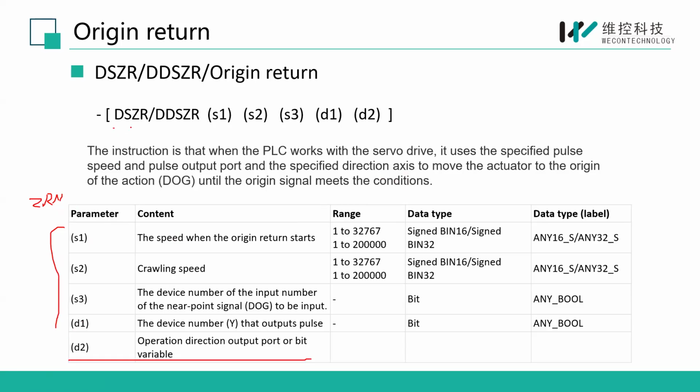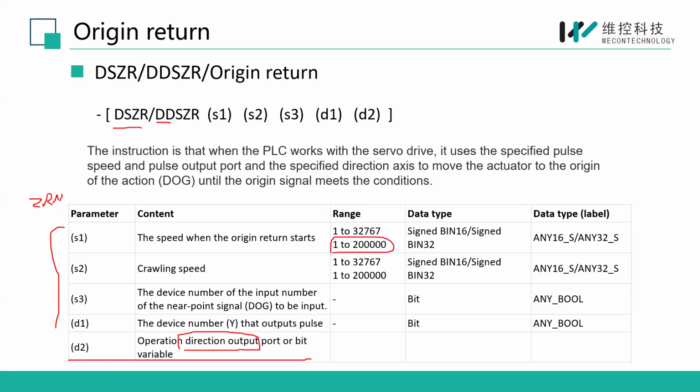The DSJR instruction has more parameters than the JR instruction, and can be used to control the direction output. So this is different from JRN, and the D is the same, meaning the bigger range.